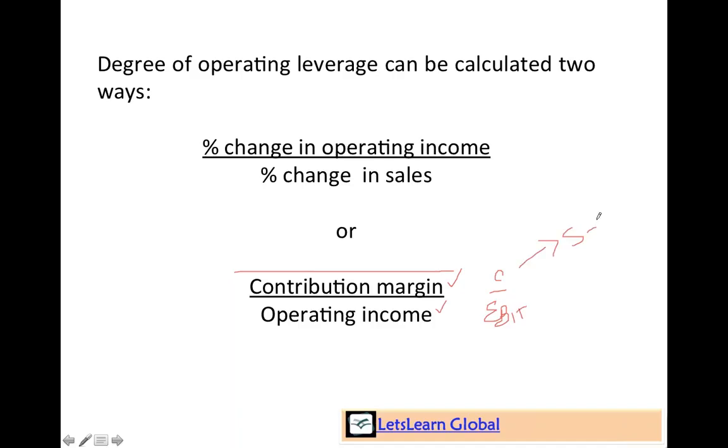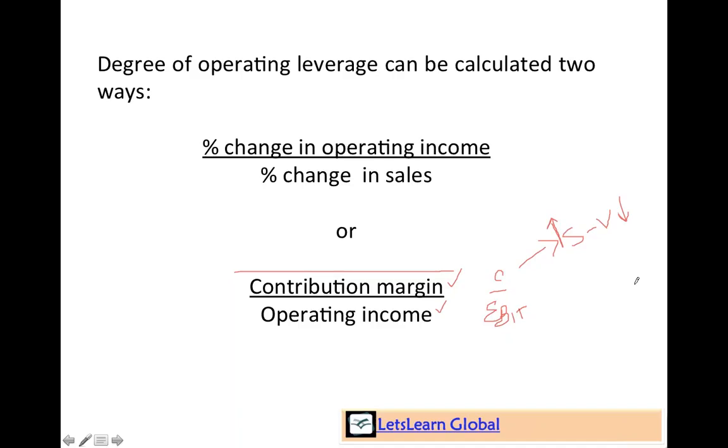All the variable costs: admin, selling, distribution, purchases, factory expenses, everything. So contribution margin divided by EBIT. That is the reason why the contribution margin should be as high as possible to get more EBIT. So your sales should be either more or variable cost should be less.